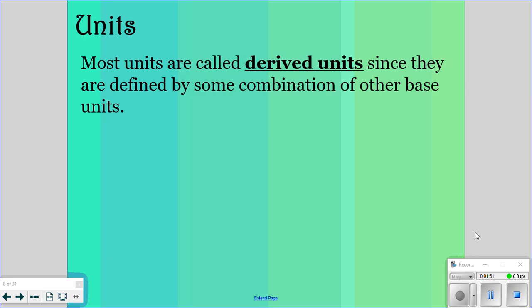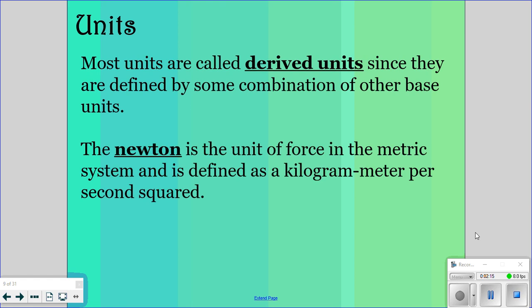Most units are called derived units because they are defined by some combination of other base units. So a meter per second would be an example, or feet per second, miles per hour. Those are derived units because those are combined with other units.